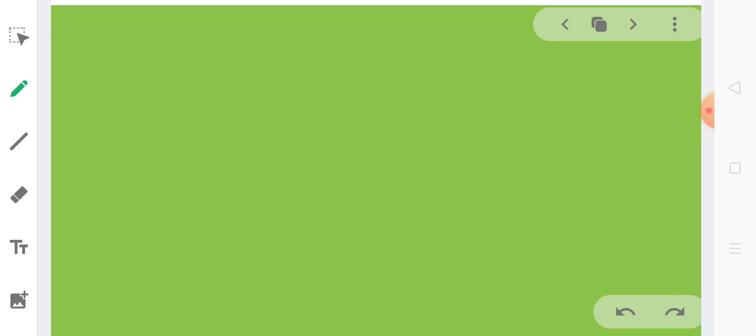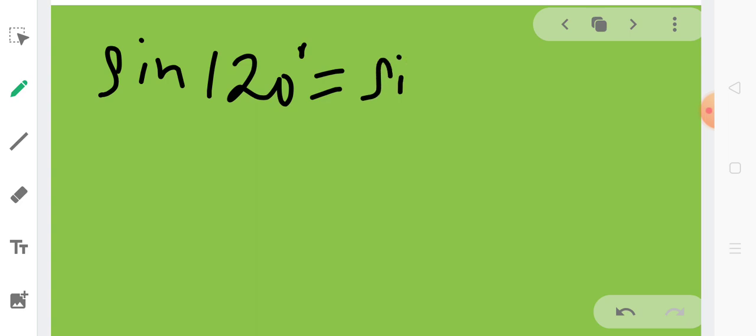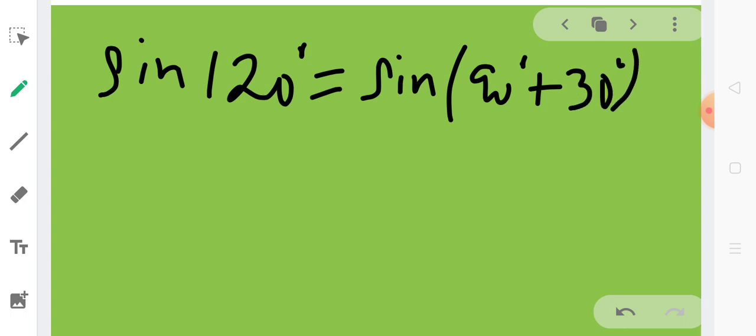For example, sine of 120 degree will be equal to sine of 90 degree plus 30 degree. So that will be equal to cos of 30 degree.